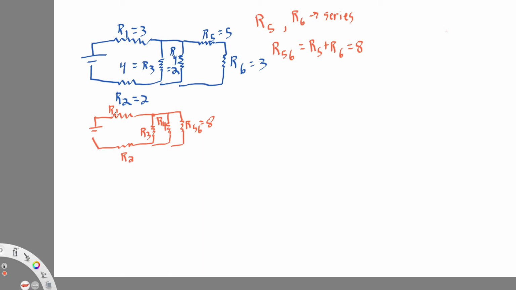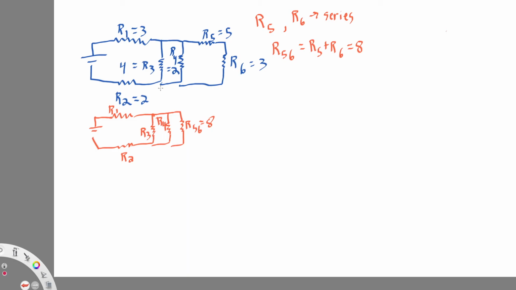So what can we attack next? We do R1, R2, and R3. Well, R1, R2, and R3 are in series with each other if we didn't have 4 and 5,6 out to the right. R3 and R4 then. And how are R3 and R4 related? 3, 4, and 6 all at the same time, though?